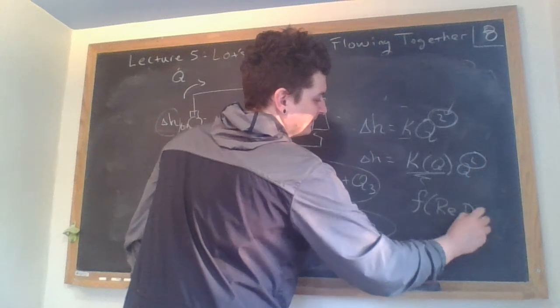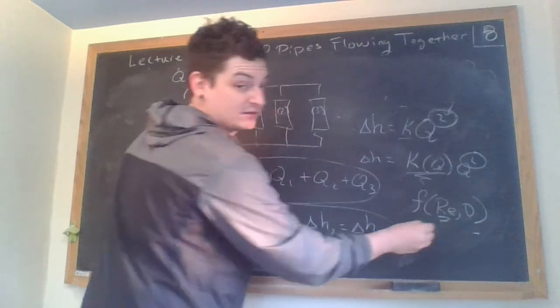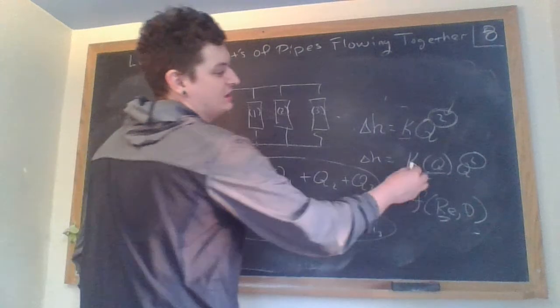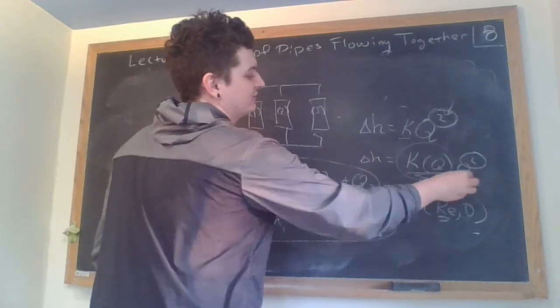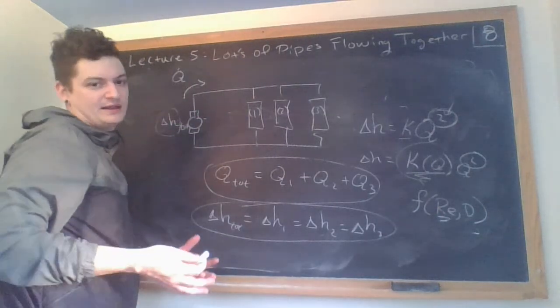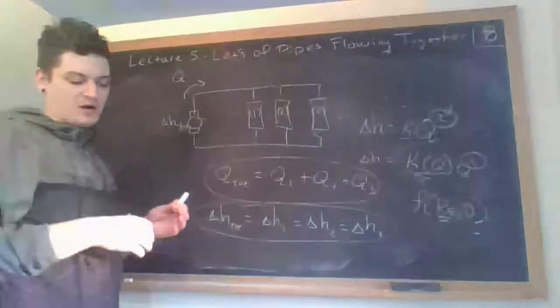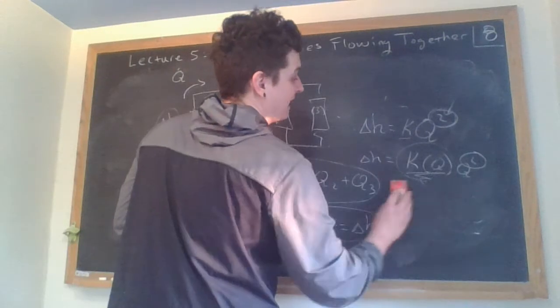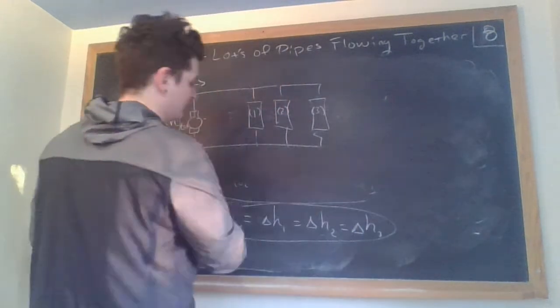Because there's a Reynolds number in there, the Darcy friction factors are functions of flow rate as well. So your resistance is a function of flow rate, and the flow rate is even squared. So it's a nonlinear relationship for components, but that's the layout for these types of problems for parallel flows.